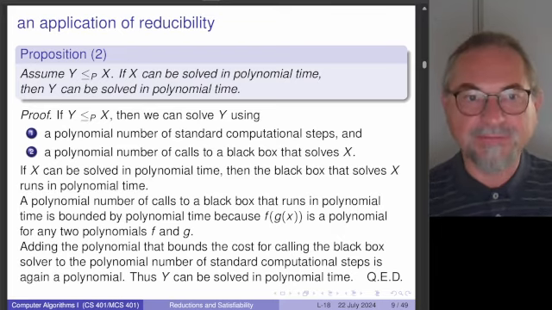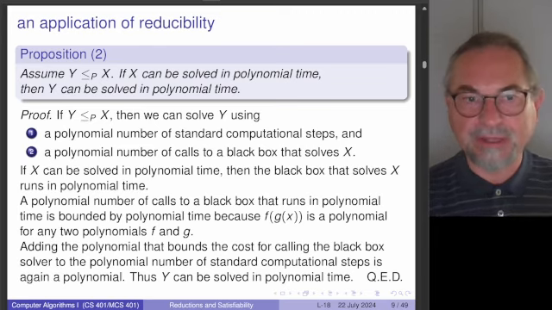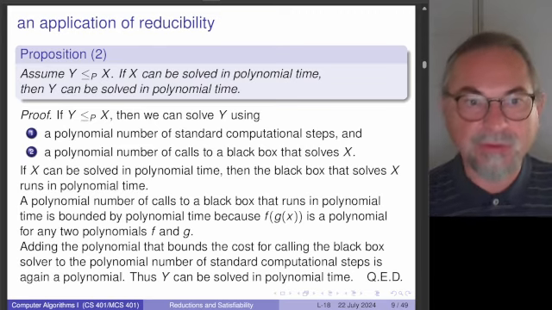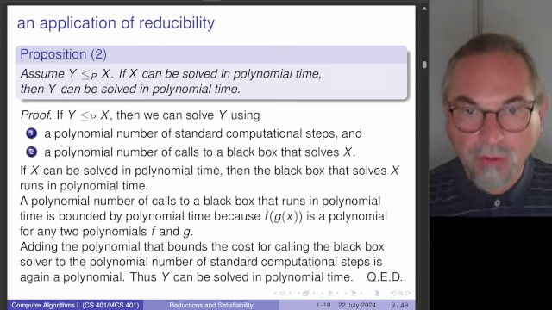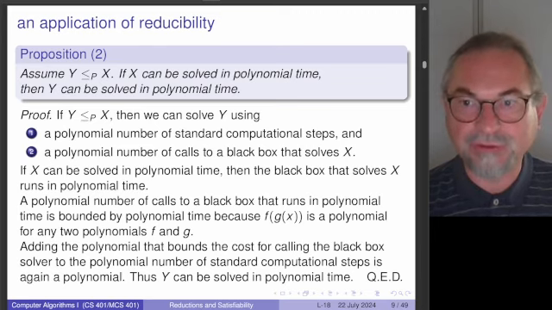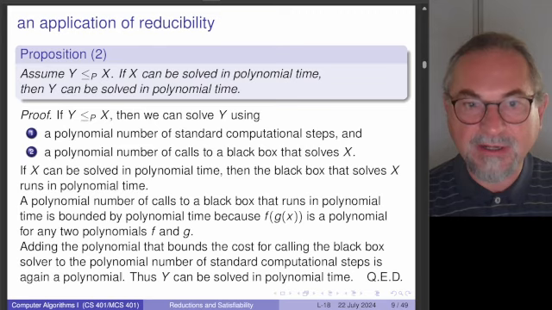The notation y polynomial time reducible to x means that you use a polynomial number of standard computational steps to reformulate the input of y into the input of x, and the output of x is also reformulated into the output of y in polynomial time. This all runs efficiently, and you also have a number of calls to the black box solver that actually solves the problem.